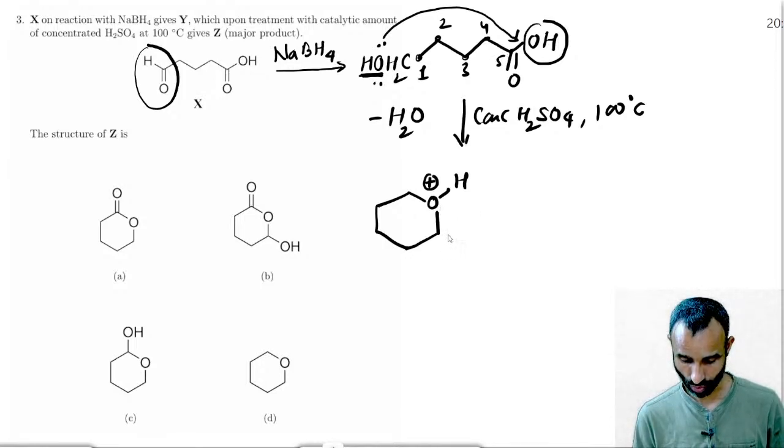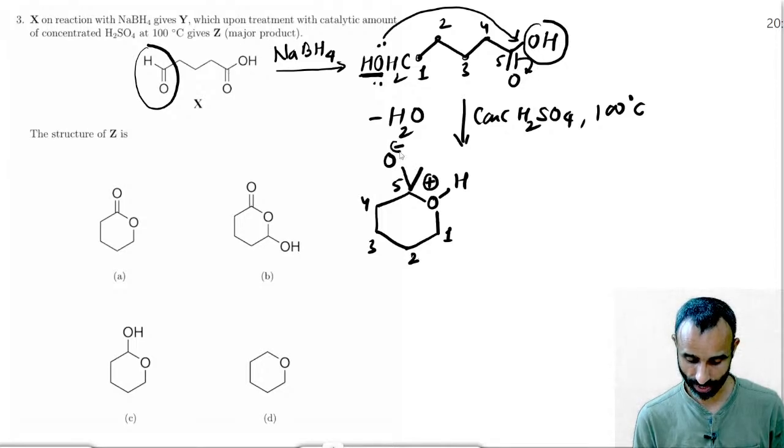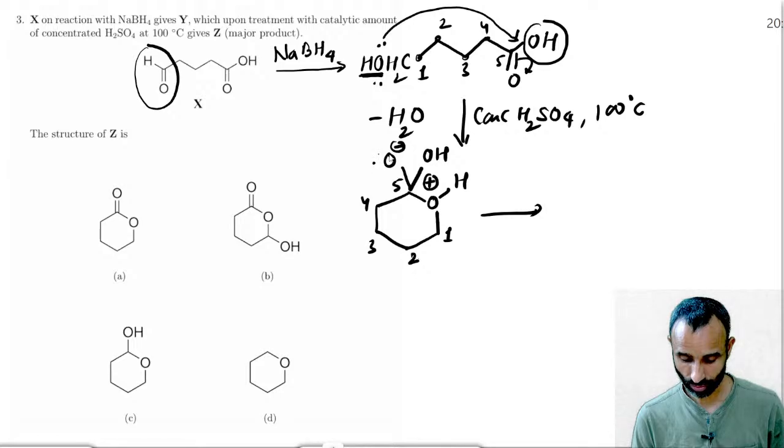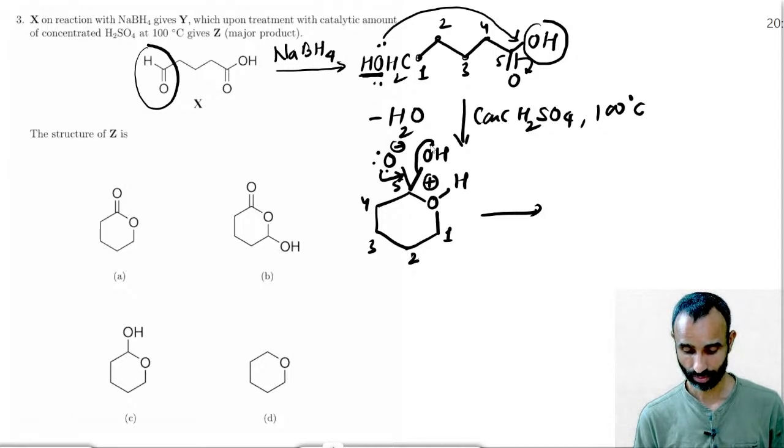So there are 5 carbons, and one position is oxygen, this O and H, which is positive then. At the fifth position there is O negative and OH. Then this O negative gives CO and OH negative, and here H plus.